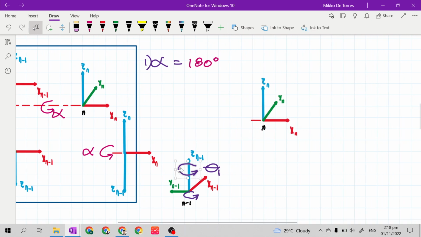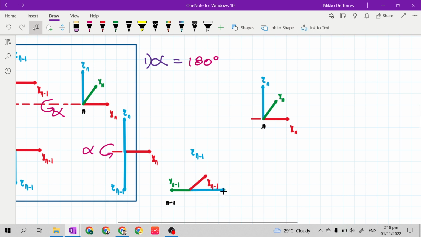I will remove theta so it will not be confusing. Oh, z sub n minus 1 is the same direction as z sub n, so let me change the direction of z sub n minus 1. Let's say the direction of z sub n minus 1 is to the right, so x sub n minus 1 is to the front. Then y sub n minus 1, based on the right hand rule, will now point upward. So this will now be frame n minus 1.